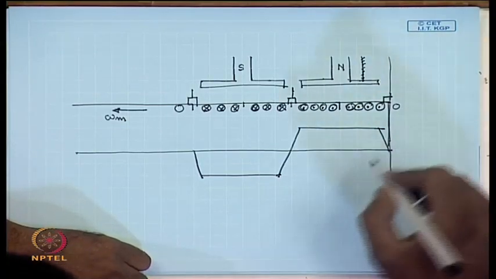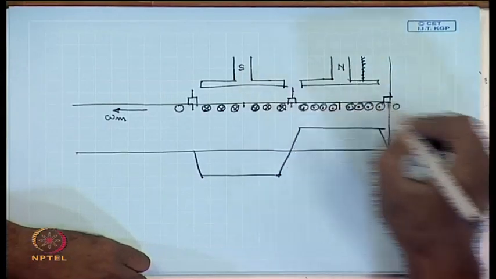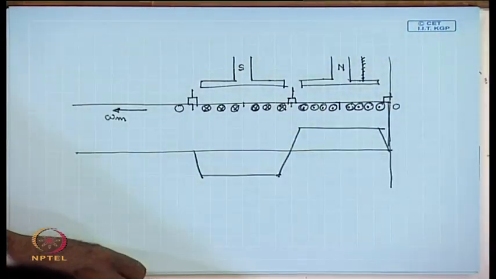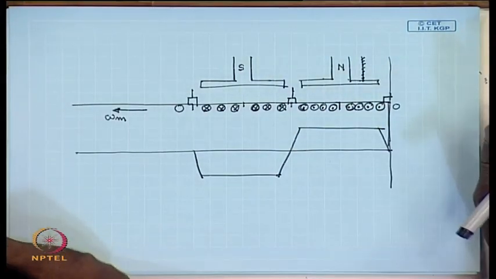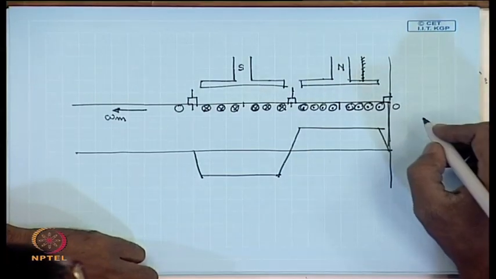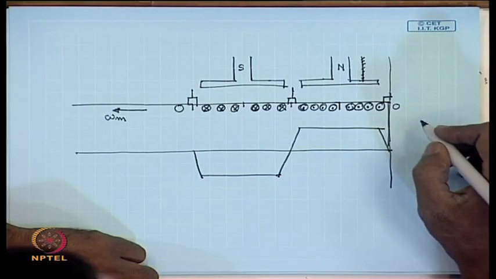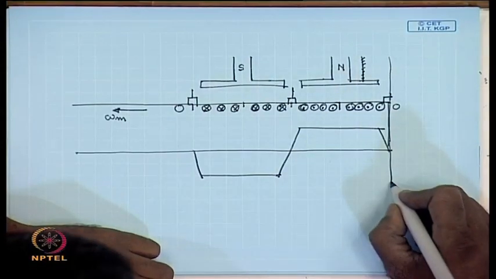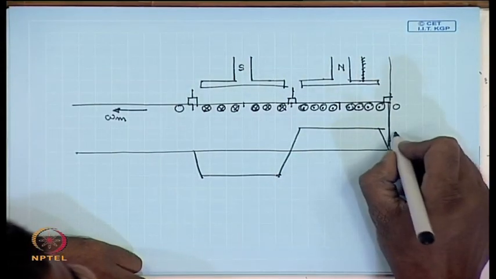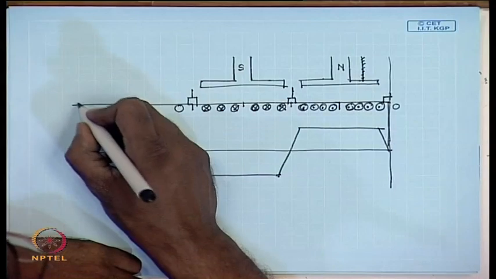It can be shown that the MMF produced by the armature will be triangular. This is the field flux density waveform.